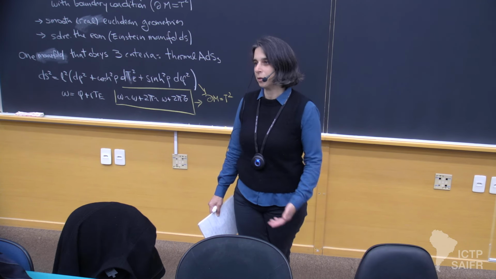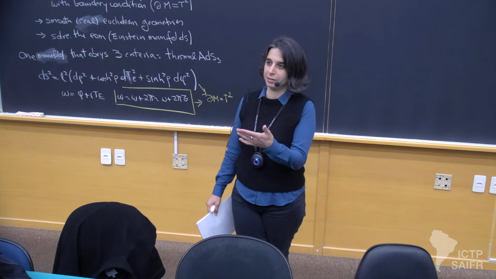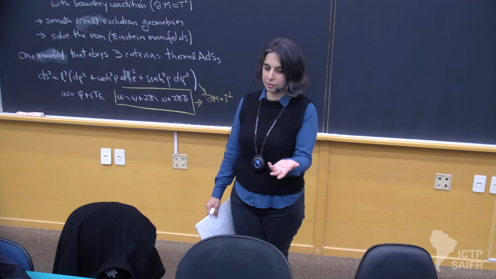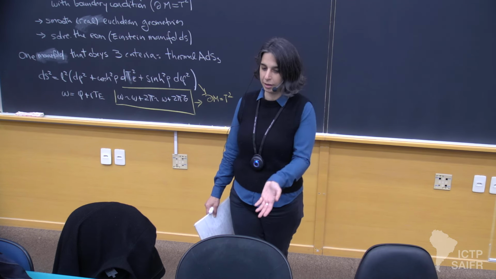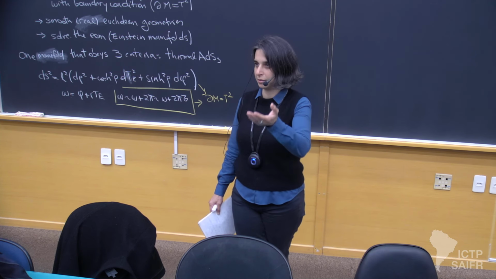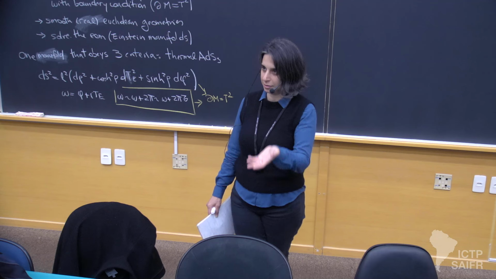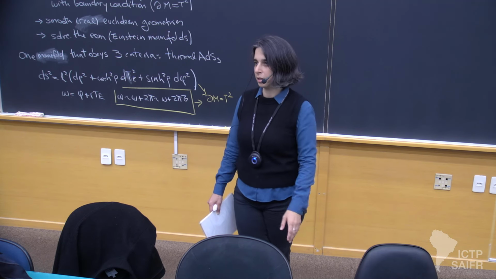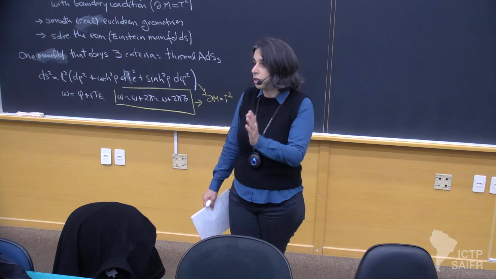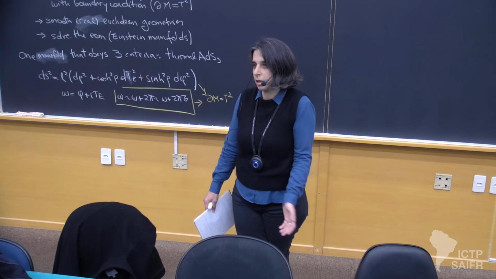Because if I manage to cast this as a trace of e to the minus beta H, it means that there's a good Hamiltonian that evolves the system. And then you can ask what the states are on which this thing is acting, giving you some nice evolution. You could start there, but I don't want to.